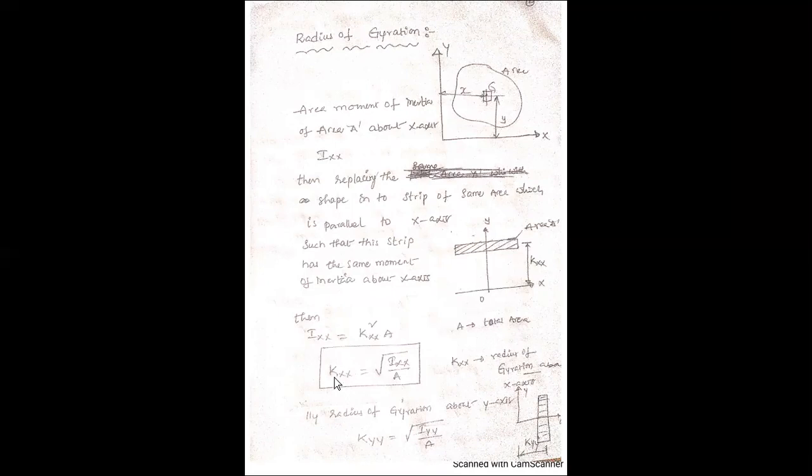So now I can write kxx is equal to square root of Ixx divided by A. Whatever this kxx is, it is nothing but the radius of gyration of this object about the x-axis. To meet the same value of Ixx, I am placing this object exactly at the kxx location.